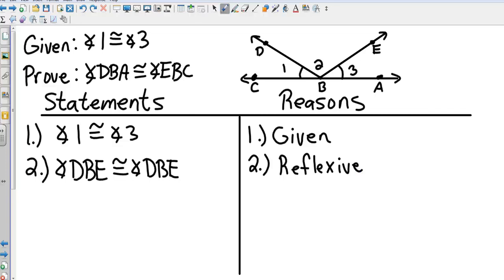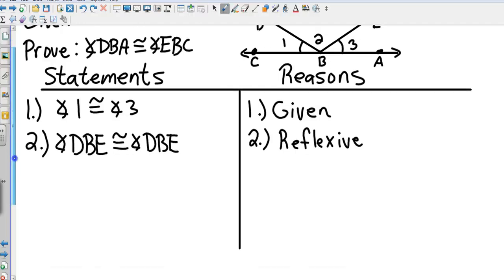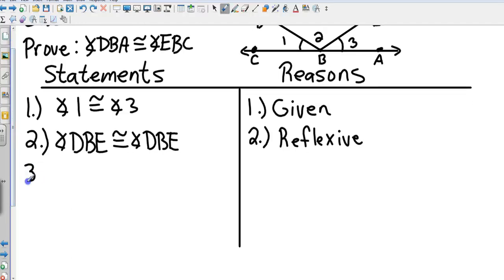Okay, so now we have two things that are equal that we can put together. So my next step, I can take angle 1 plus angle DBE. Oh, I want to put the angle on there, sorry.